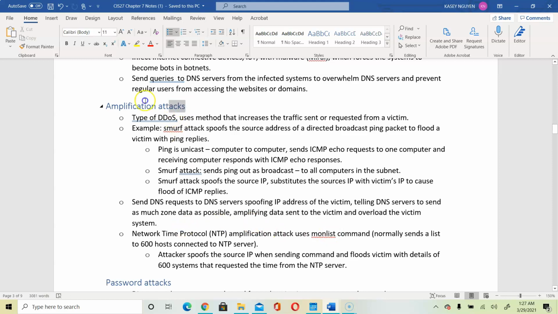So the same type of attack can be performed on DNS or any type of server.